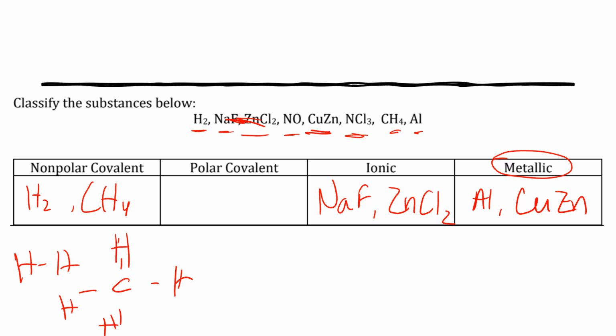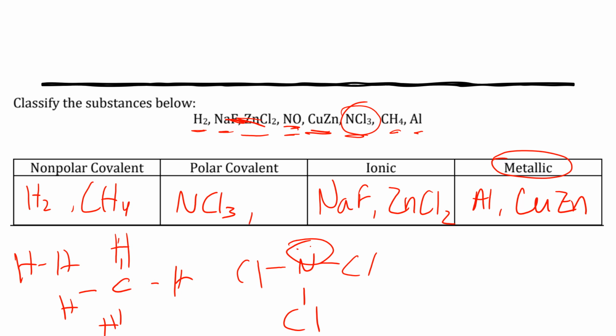The last two, there's no same elements. One is more electronegative than the other. There's some difference here. The way that N is drawn out, there's a polarity, so it's going to be unbalanced. So it's going to be NCl3 and NO.